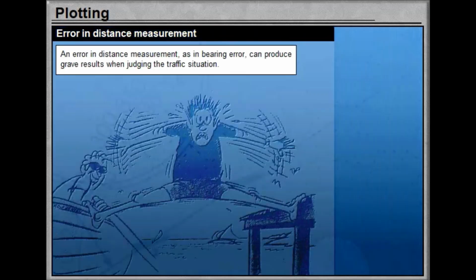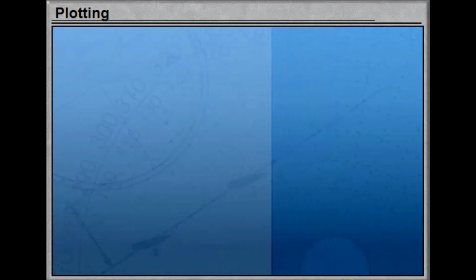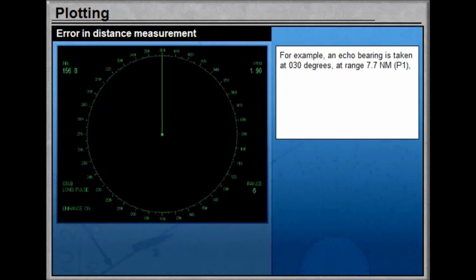An error in distance measurement, as in bearing error, can produce grave results when judging the traffic situation. For example, an echo bearing is taken at 030 degrees, at range 7.7 nautical miles, while the target's actual bearing is 030 degrees, at range 8 nautical miles.